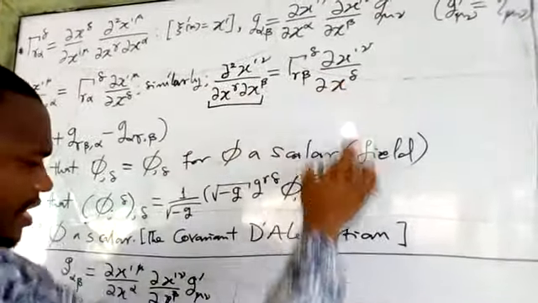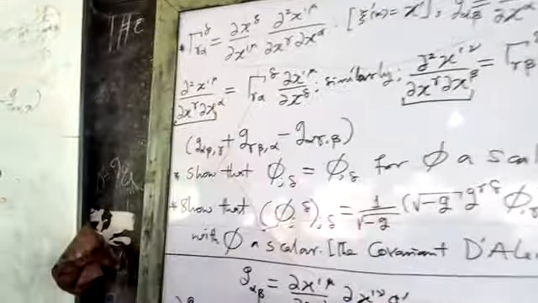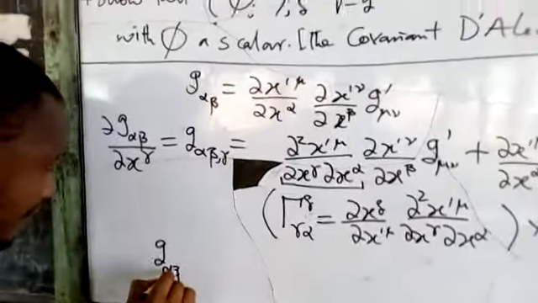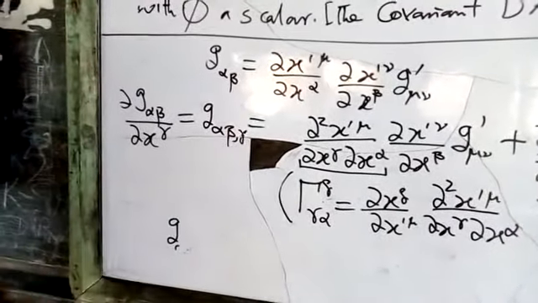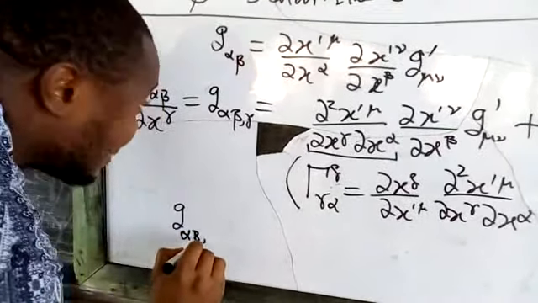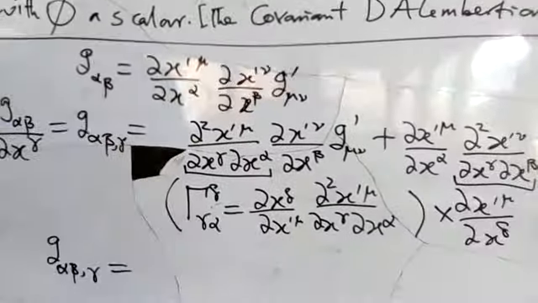So in other words, what I'm going to do next is simply to take the expression for this here and put it here, and that for this and put this there. So in my next step, I have that G alpha beta comma gamma is equal to here, and that is what we have here.